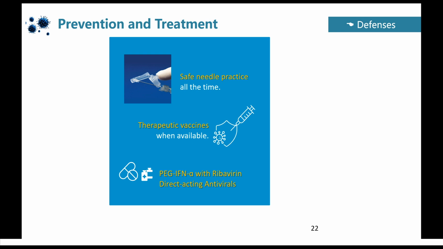So, the vaccine that may be available now may not be available to certain patients because of the high rate of mutation. And the standard treatment for hepatitis C is pegylated interferon alpha with ribavirin, particularly for genotype 1 with interleukin 28B CC genotype, and pwede din direct acting antivirals.